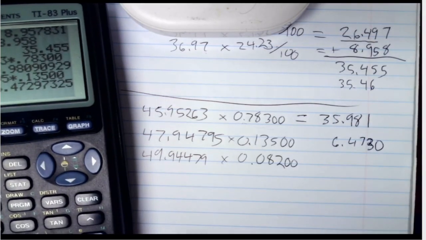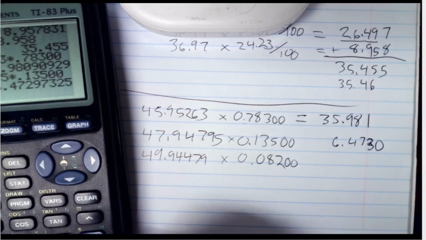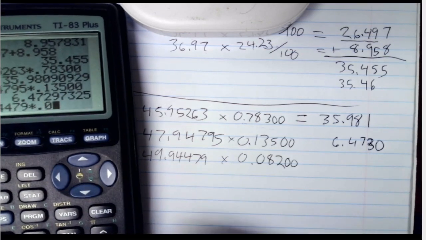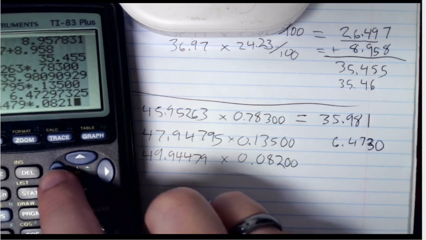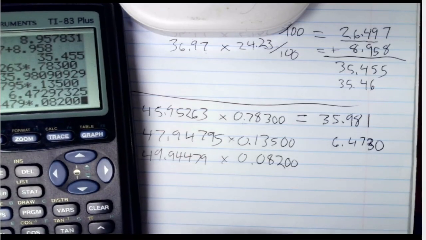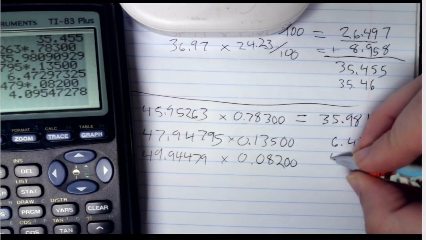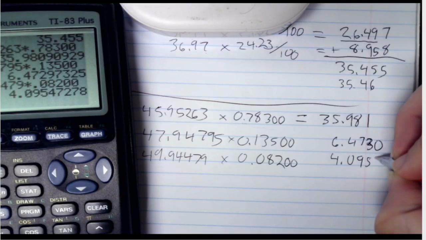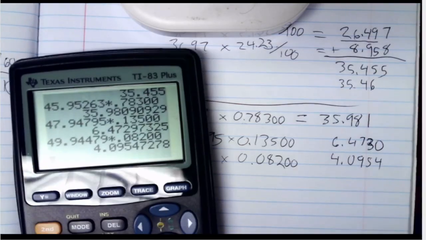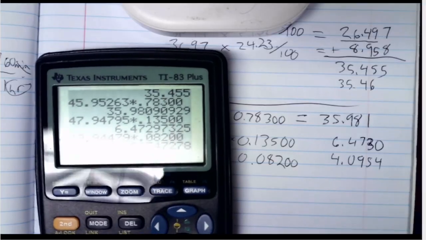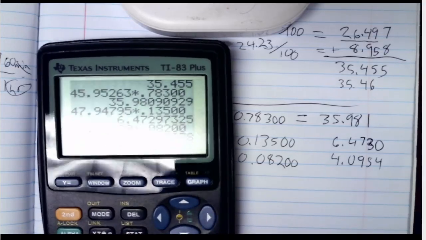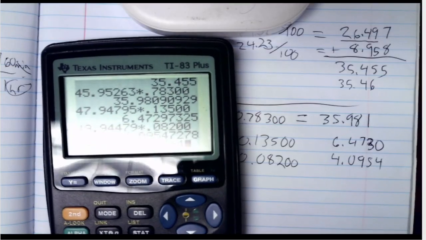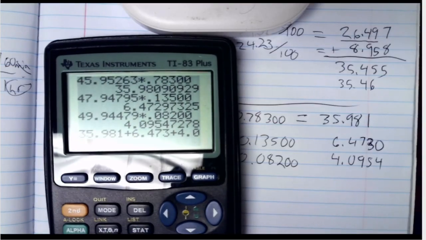Then 49.94479 times my 8.2% gives 4.0954. So adding all these guys up, 35.981 plus 6.473 plus 4.0954.